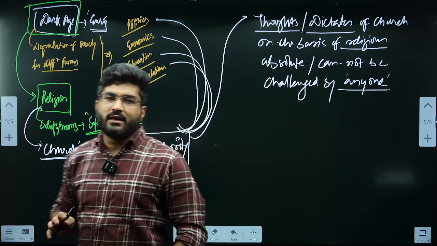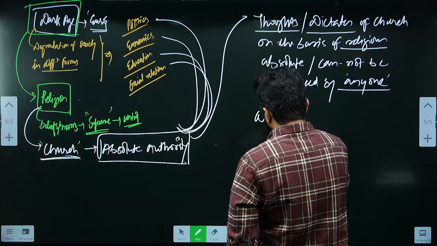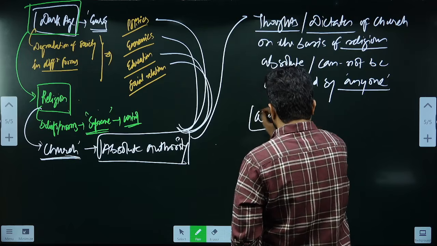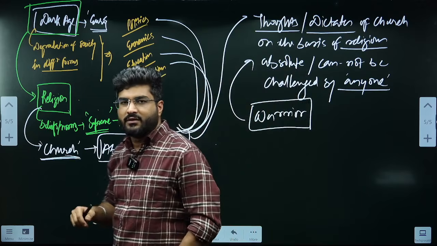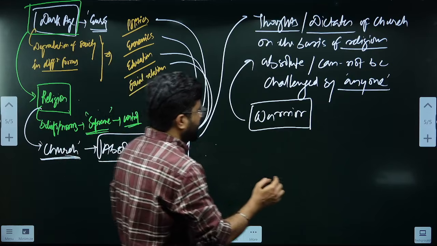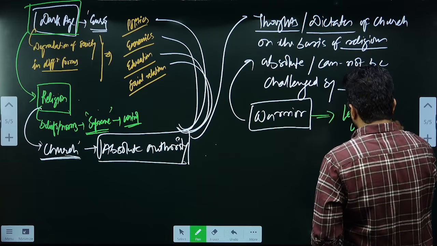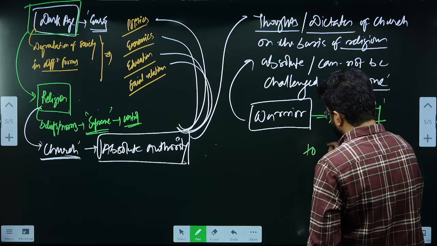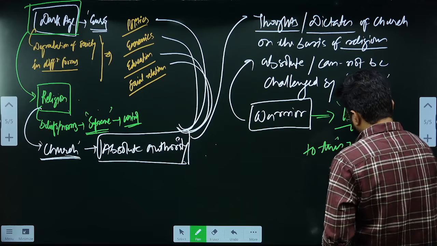That's the reason every time you read history, you see that whatever warrior class was born, they always used the church to increase their dominance in society. What has the church been bringing here? Nothing but legality to these warriors or warrior class rule.